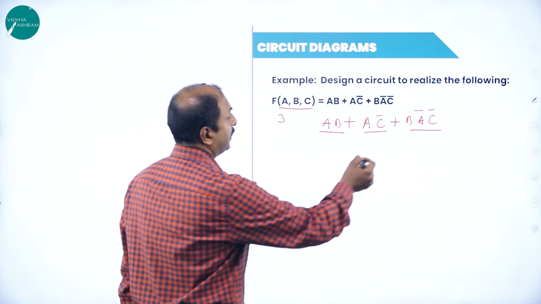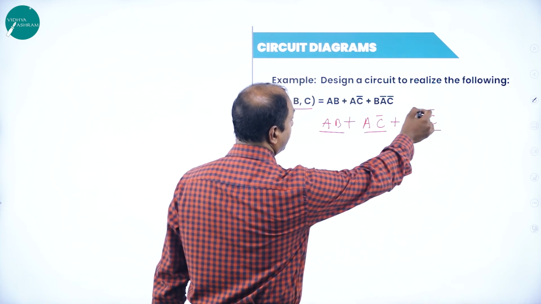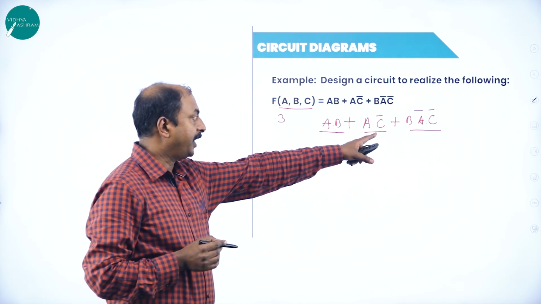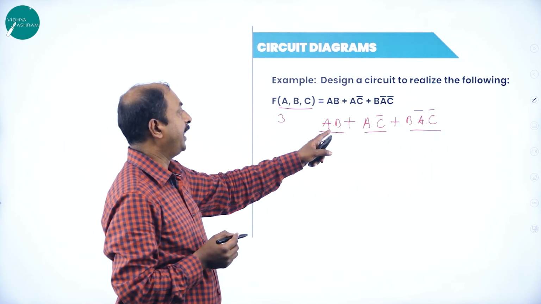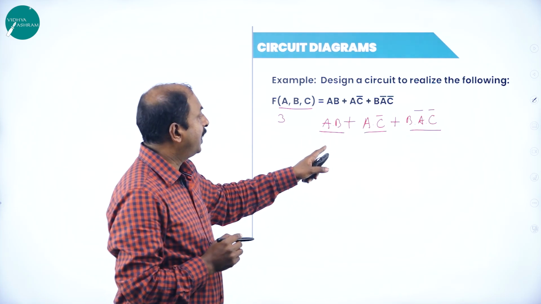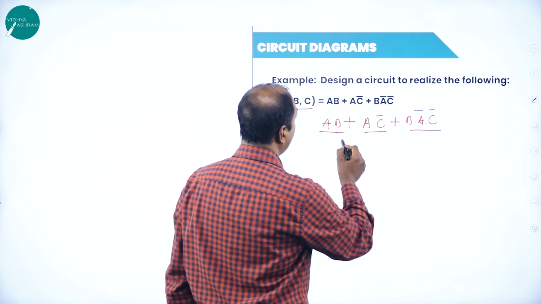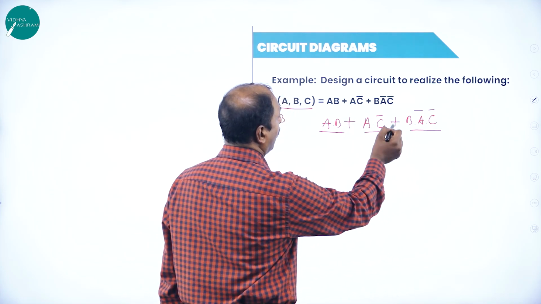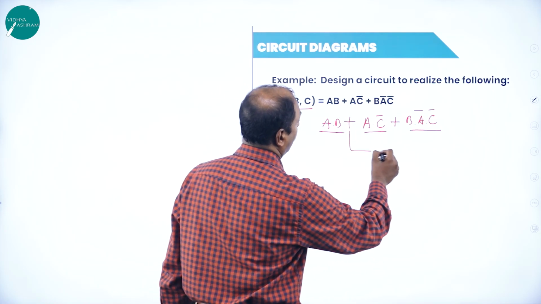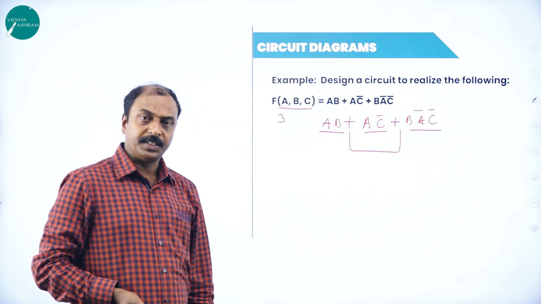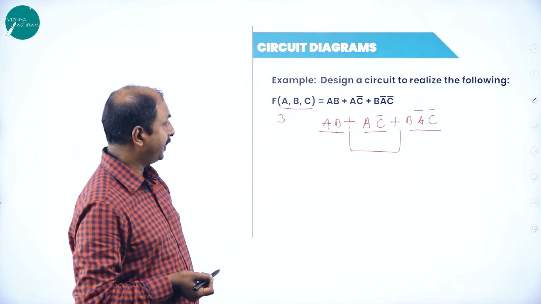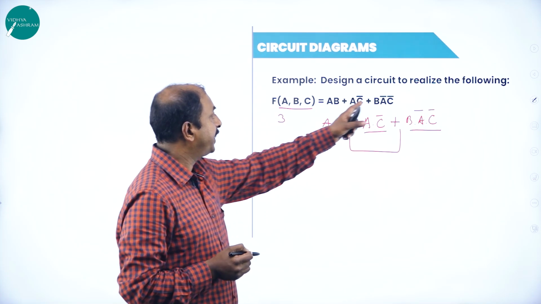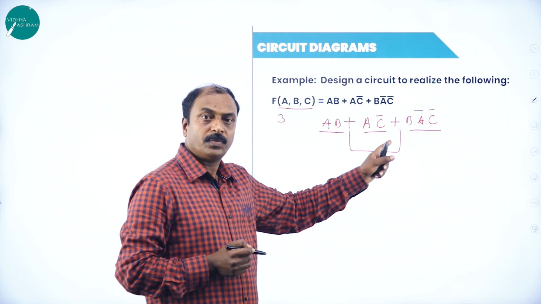So here this is one AND gate with 3 inputs, another AND gate with 2 inputs, another AND gate with 2 inputs, and at last we have to combine them into one output signal with an OR gate. Here these are OR gates. Plus indicates or represents the OR gate. So the given equation will be like this, and we have to understand it in the form of gates.